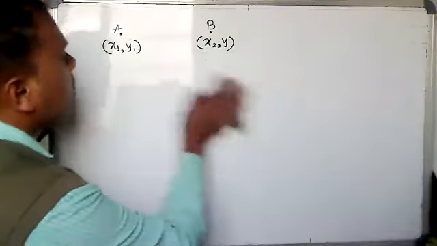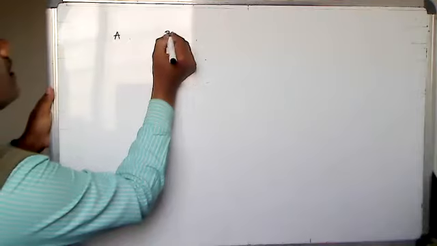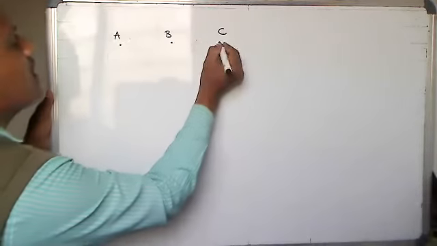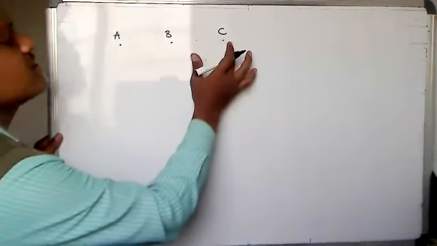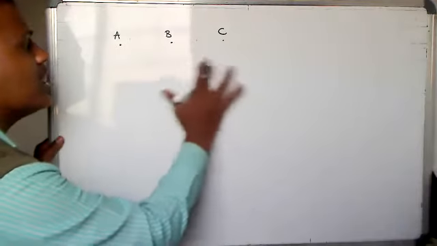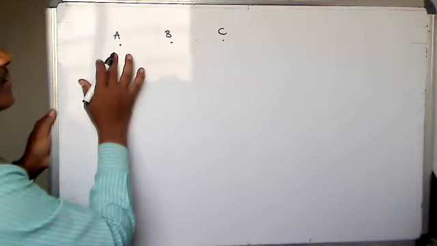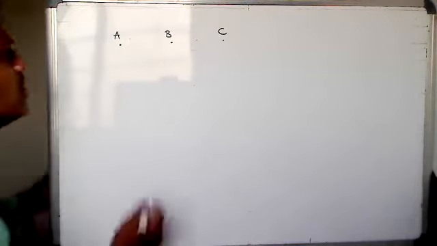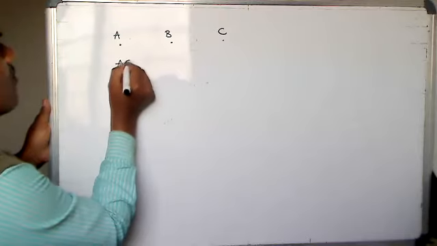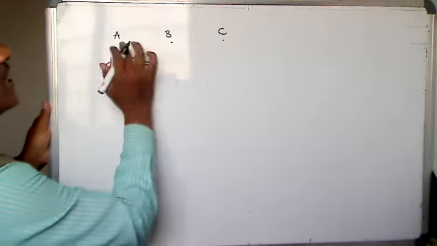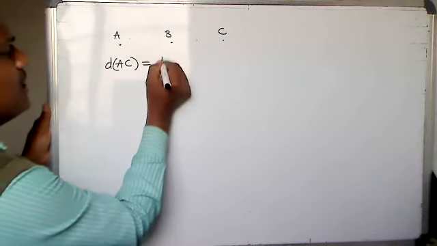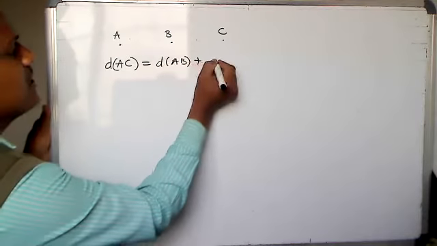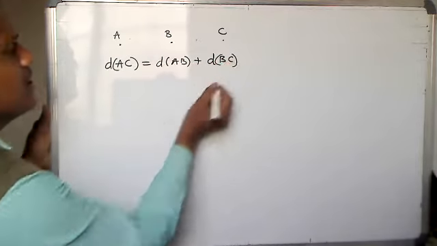So when can we call 3 points collinear? Suppose we are having A, B and C. These 3 points are different points. And if you want to show that these 3 points are collinear, then we have to show here that the longest distance, whatever it is, suppose AB is the longest distance or AC is the longest distance, so we have to show that distance AC is equal to distance AB plus distance BC.